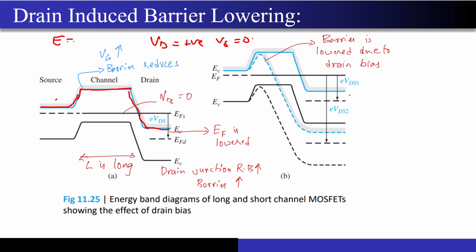E is equal to minus QV, correct? The energy band diagram is always drawn with respect to the energy of the electron. So if you apply a positive voltage, then the energy will be down. That is why the drain is at a lower value compared to the source.